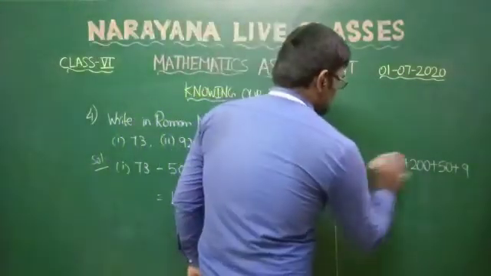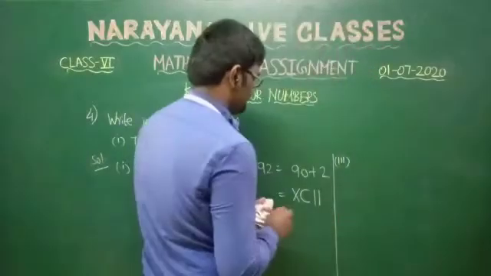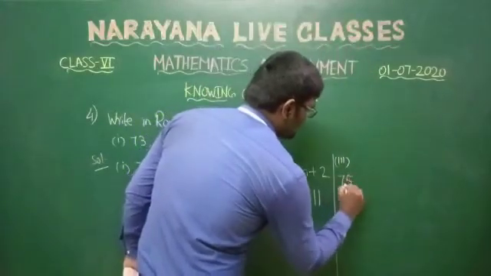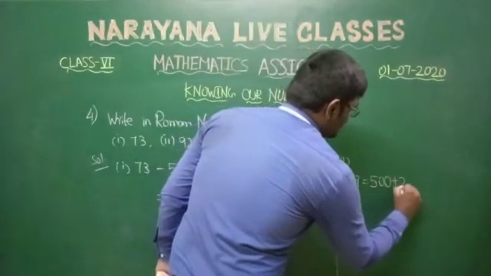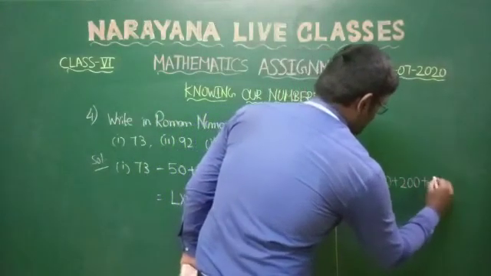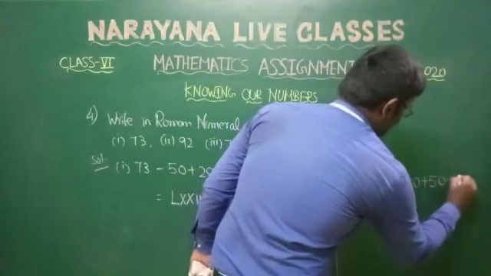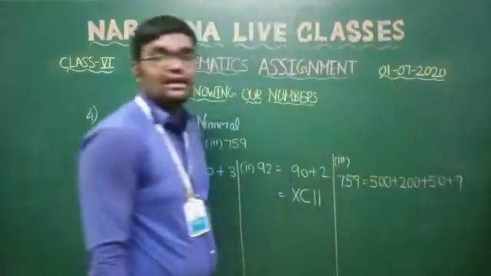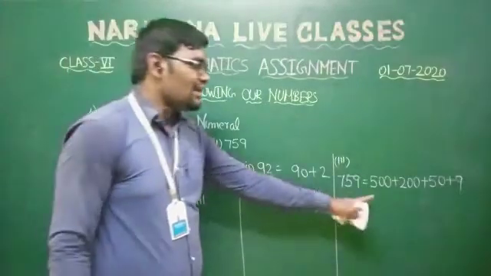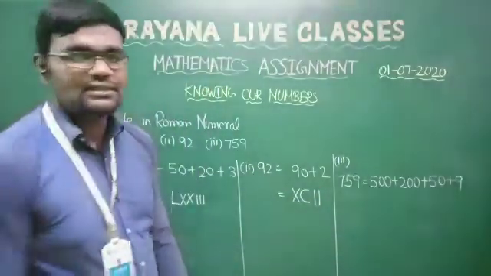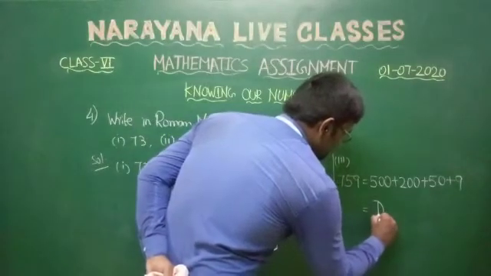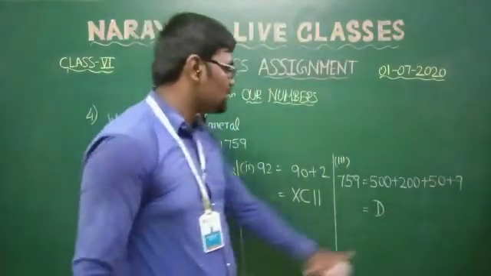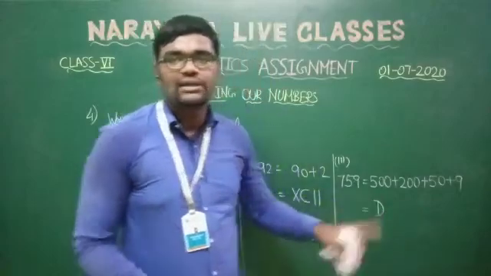So 759 can be written as 500 plus 200 plus 50 plus 9. Now, how can we write 500? What is the direct value for 500? It is D. D for 500. What about 200? Two times you have to write 100.